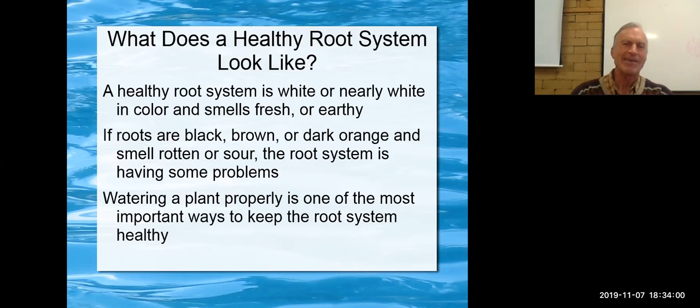So let's look at a healthy root system. A healthy root system is white or nearly white. It smells fresh or earthy. If roots are black, brown, dark orange, and if they smell rotten or sour, the root system is having problems. So watering a plant properly is one of the most important ways to keep the root system healthy.